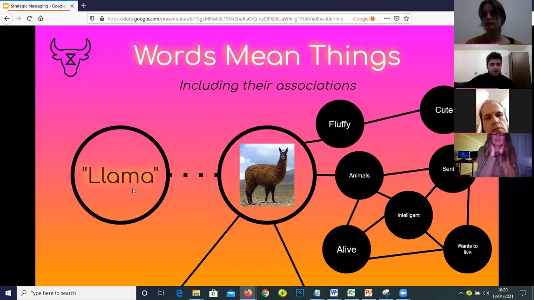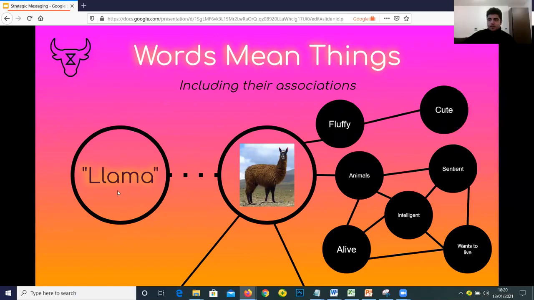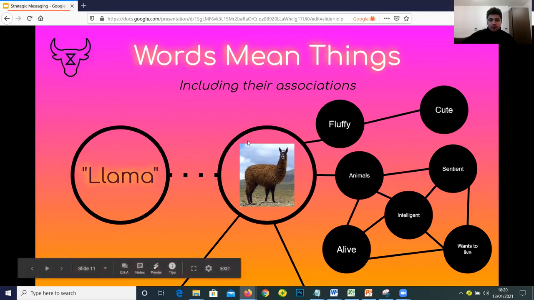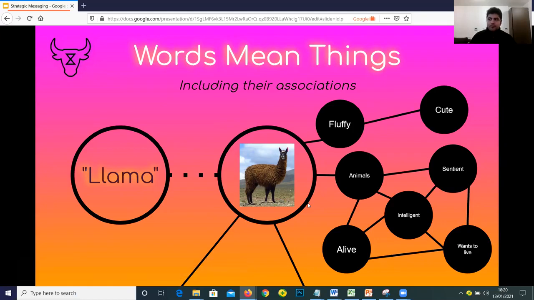So here we have the word llama. This can be in text, it can be the sound of the word llama, or any form in any media of the word llama. It'll probably trigger an image of a llama, and then it'll trigger its associations.